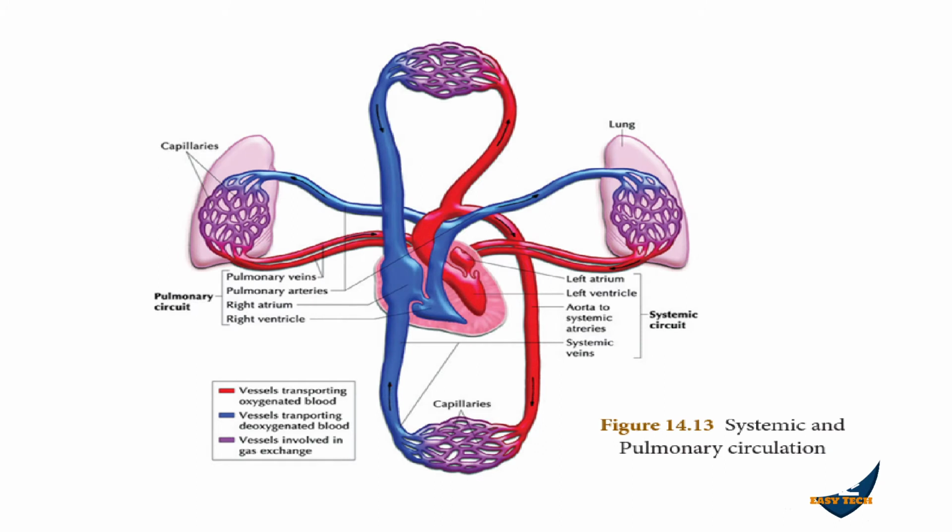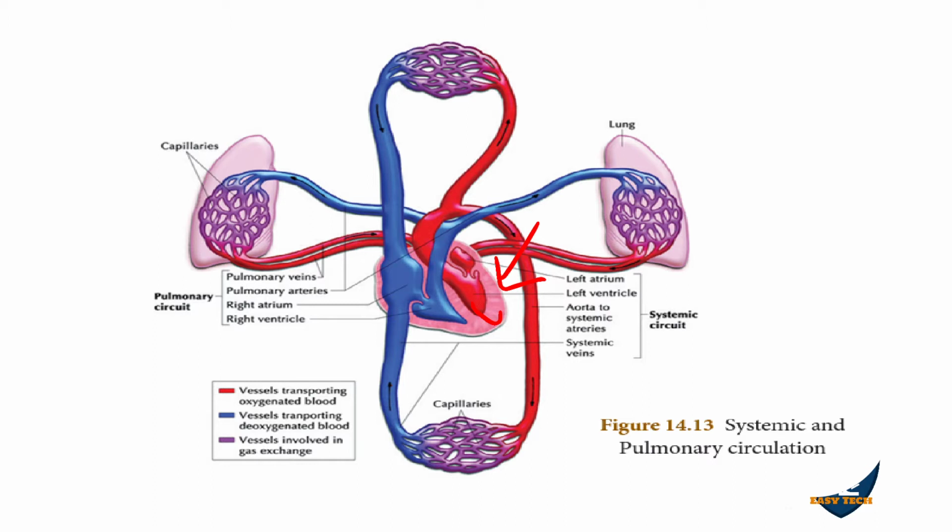We know the left side of the heart receives oxygenated blood from the lungs. After filling the left ventricle, the oxygenated blood has to be transported to the other parts of the body, and it passes through the other parts of the body.